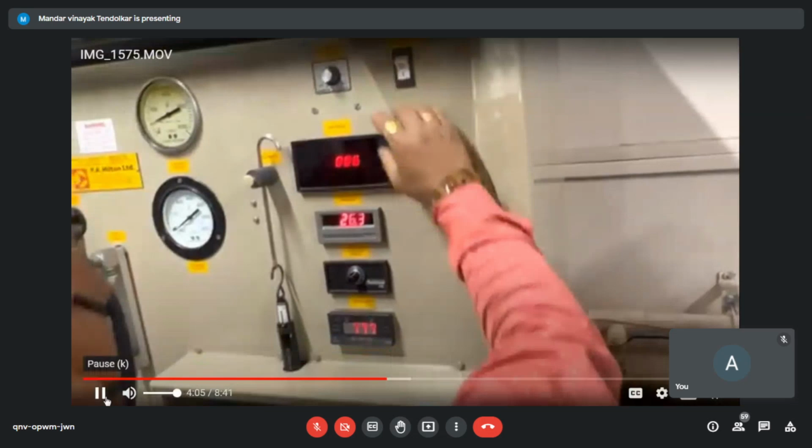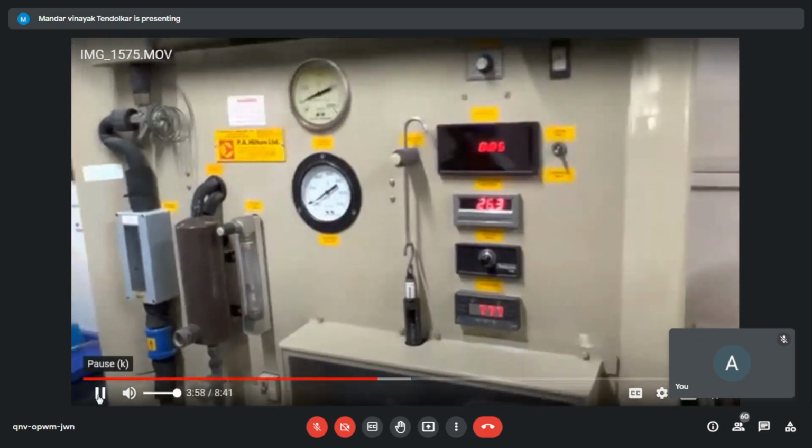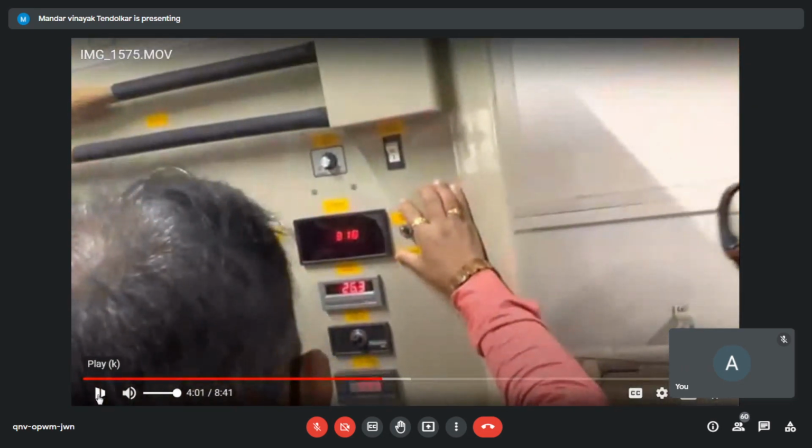See here, this is 317. Whatever he had just shown you, that is the motor input. Yes, how much is visible, 316 or 318, whatever. That is the motor input. And what we had given as the evaporator input is whatever, 105, 106.